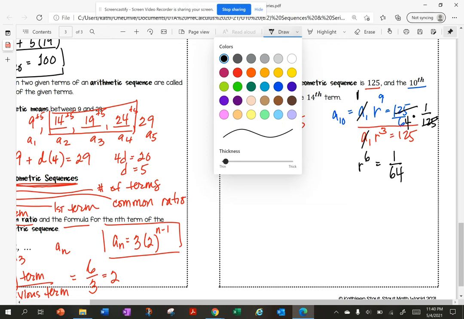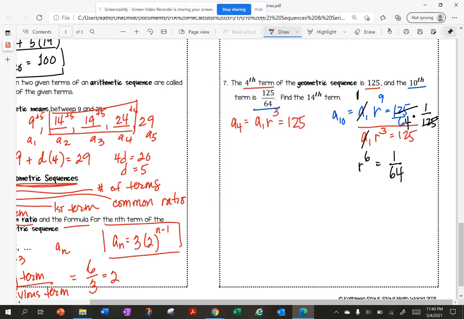Okay, so I am going to take the 6th root because I'm raised to the 6th power, so I want to take the inverse. So to do this in my calculator, I'm going to type in the number 6 first. So you write the index in, and then that'll be the math button, and then it's going to be number 5.